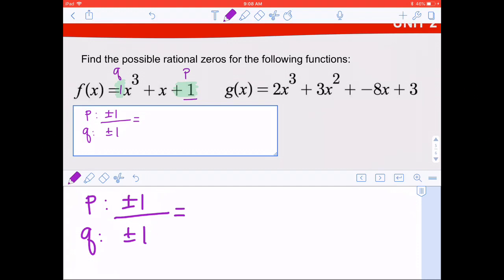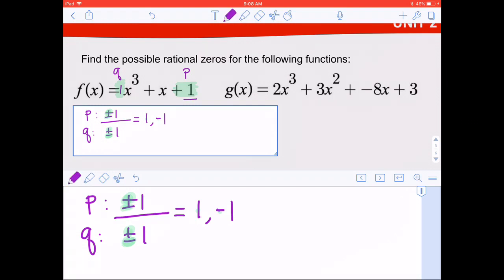So you want to think, here's this positive 1, and it's divided by a positive 1. That gives us a positive 1. Then we have a positive 1 divided by a negative 1, so it could also be a minus 1. And that's pretty much our only solutions. If we do negative and negative, that's going to become positive, which we have there. And then negative and positive will give us negative.